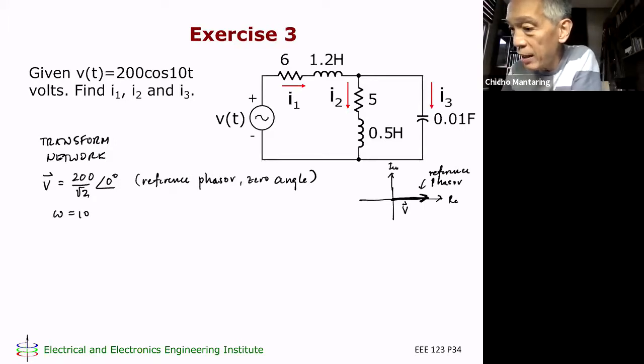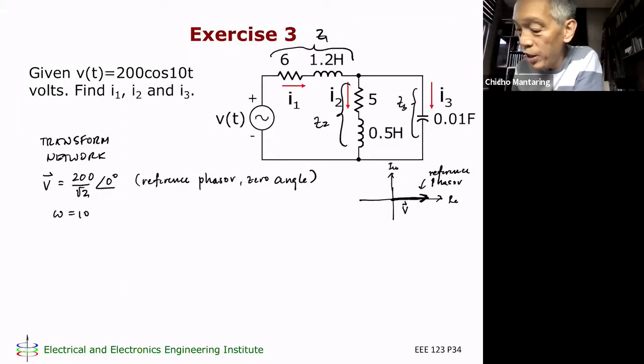Let's say I want this to be Z1, this to be Z2, and this I will make Z3. Can somebody tell me what is Z1?